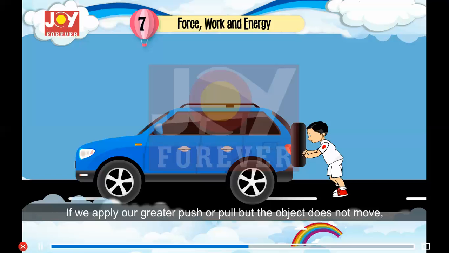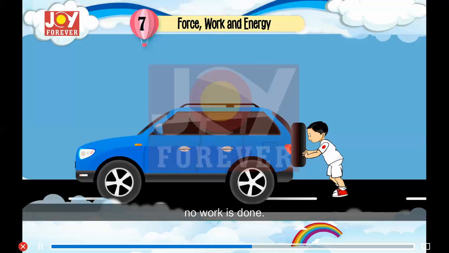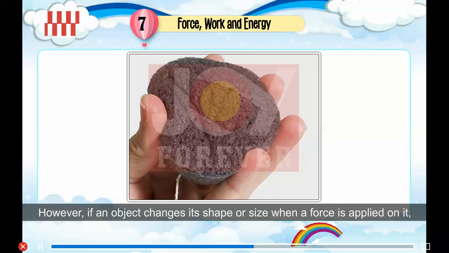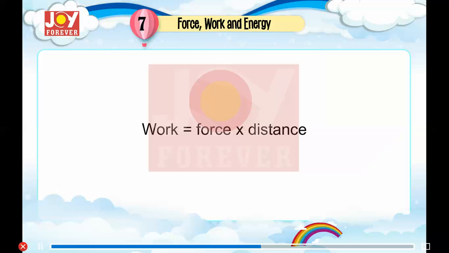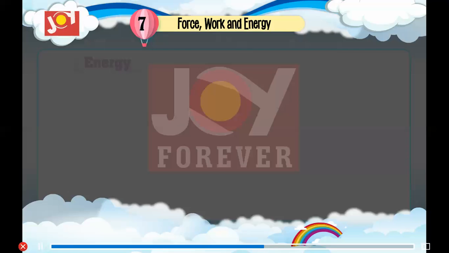If we apply a greater push or pull, but the object does not move, no work is done. However, if an object changes its shape or size when a force is applied on it, then too work is said to be done. Work is equal to force into distance.